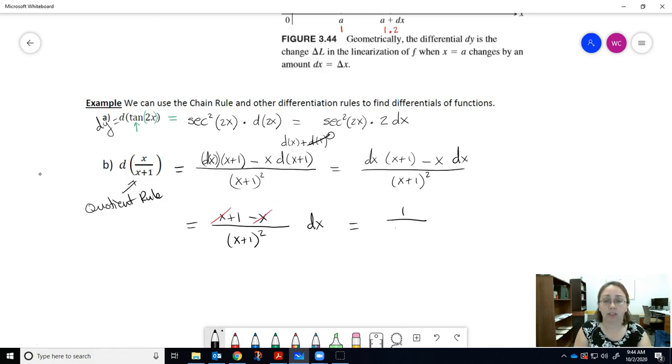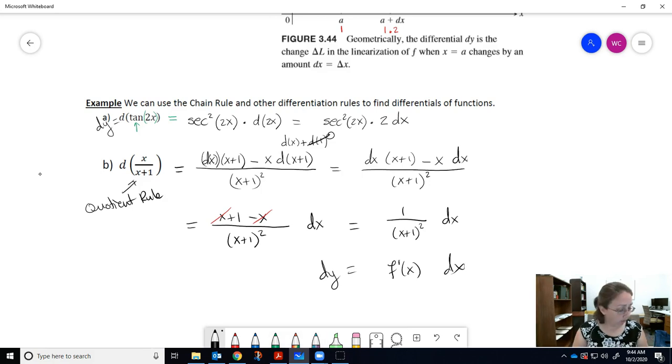So this is the same as if you had just taken the derivative and then put dx at the end. So the derivative of x over x plus 1 is 1 over x plus 1 squared dx. That dx you can put on the top or beside it, either way, but I wanted to make it obvious that this is your dy. This is the derivative of your function, dx.